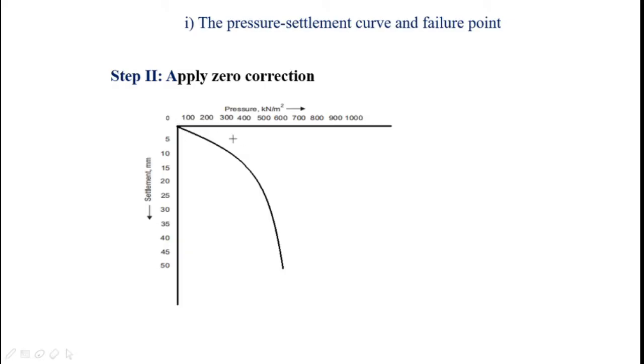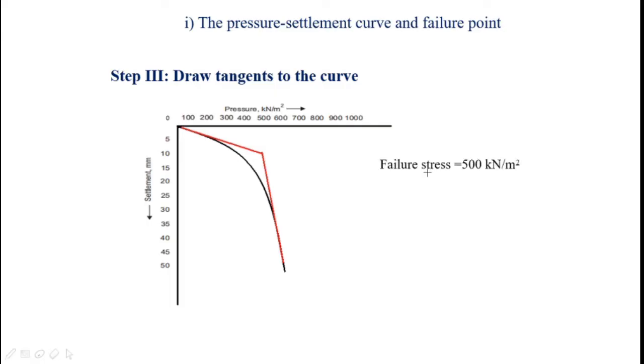Once you are done with that, you will draw two tangents. One tangent goes like this along the first straight part, because this curve has two straight parts. The first straight part is at the start in this region, and the other one is after the failure. So we draw the tangent, or extend the straight portion, from the start as well as from the end like this, and wherever these two tangents meet, that point is nothing but your failure stress.